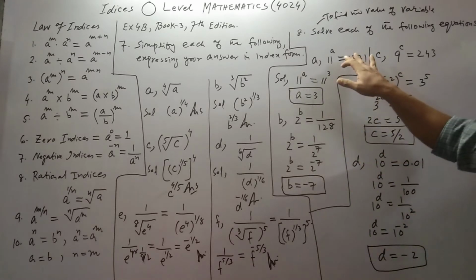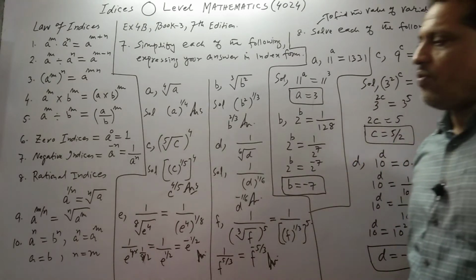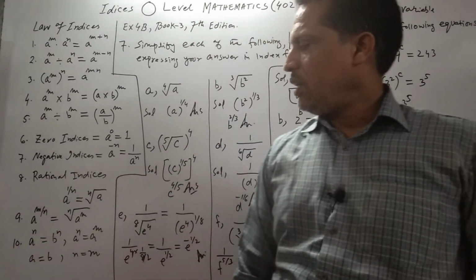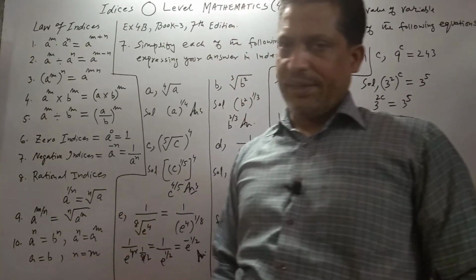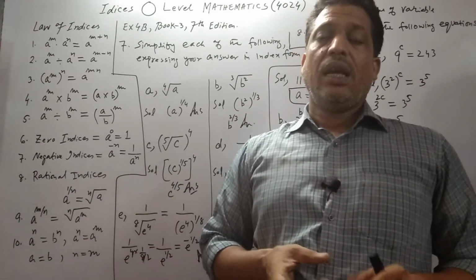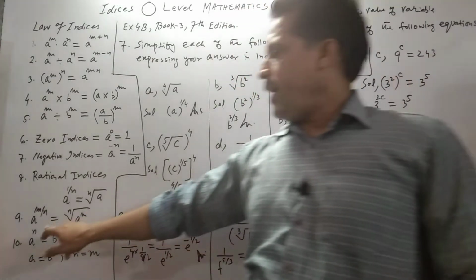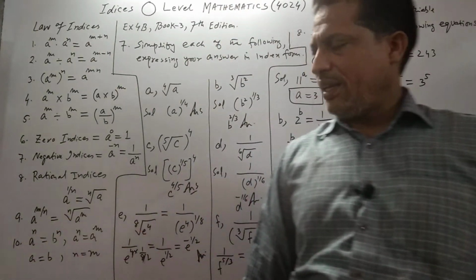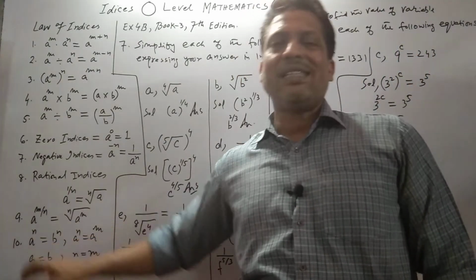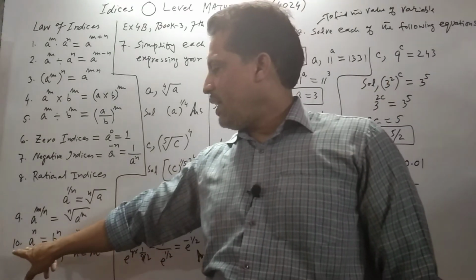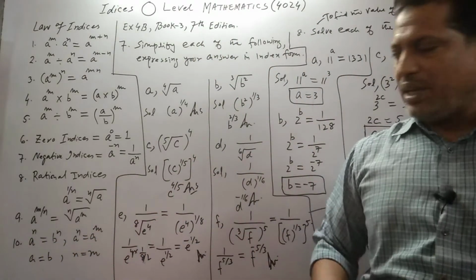Now, for this type of question, we need another law of indices. What is the law? Law number 10. If we have a to the power n is equal to b to the power n, different bases but the same power, and the middle sign is equals to, then for this expression we can write a is equal to b, the power is finished.